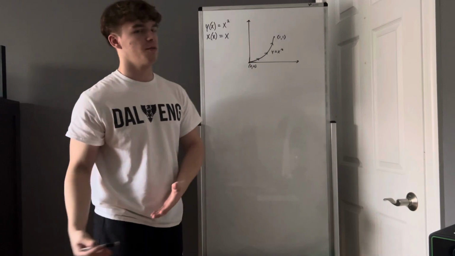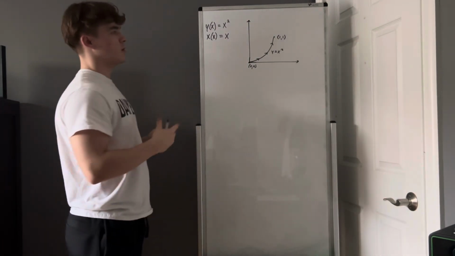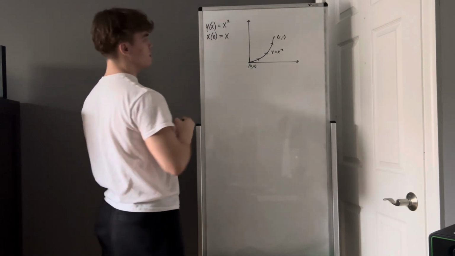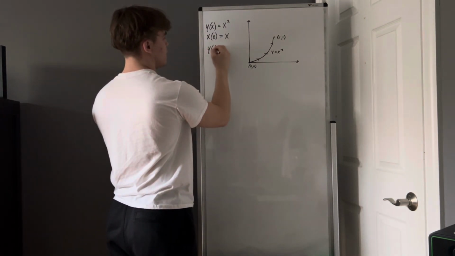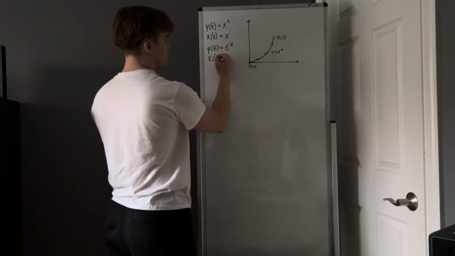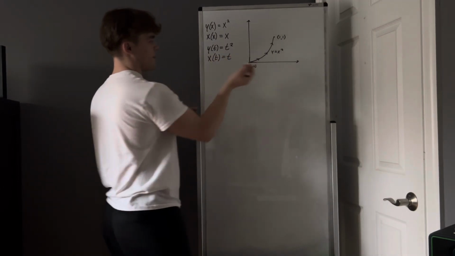That's always true. So now all we have to do is replace our x's with t's, and we get y of t equals t squared, and x of t equals t.